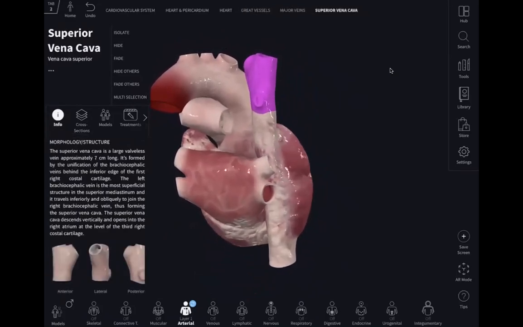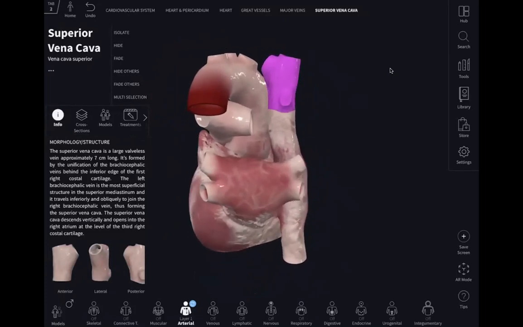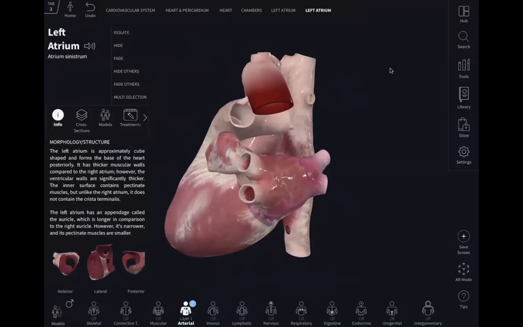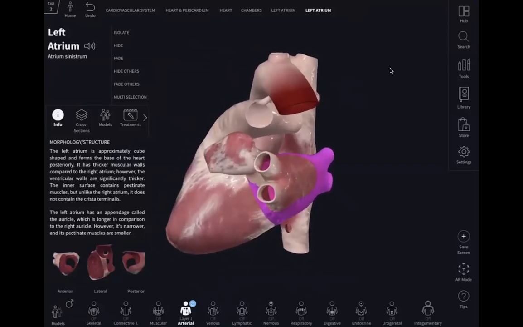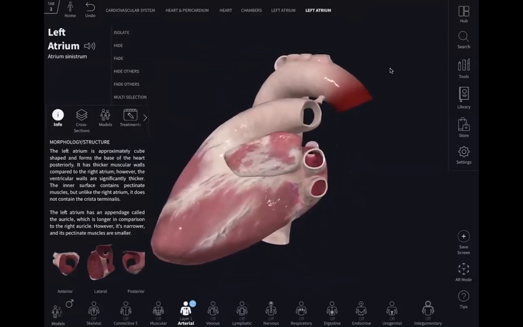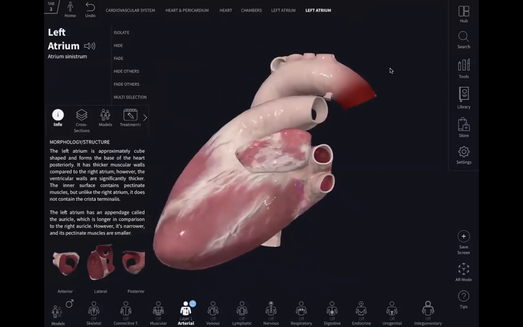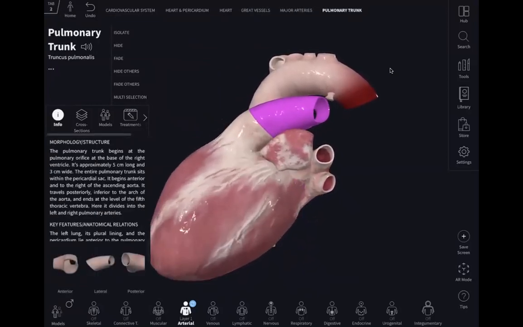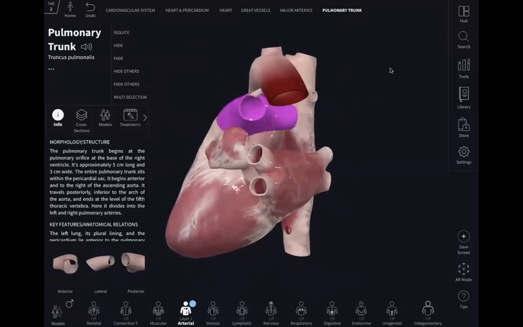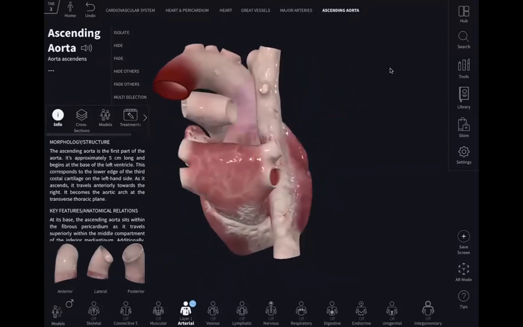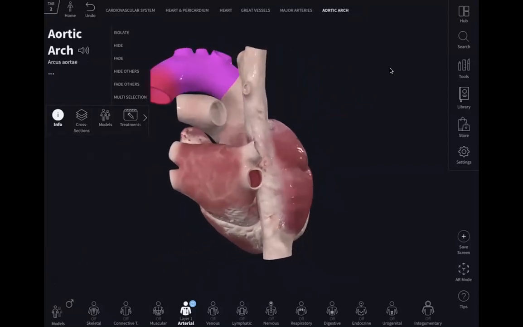Okay, and on the back of the atrium, you can see these four pulmonary veins, and this is the pulmonary trunk. Also, this is your ascending aorta. Okay, this is the arch of the aorta.